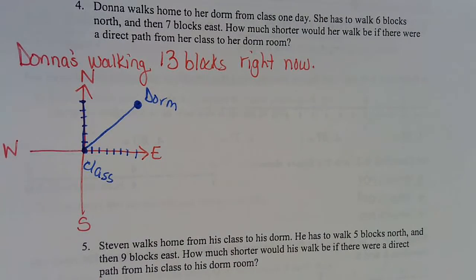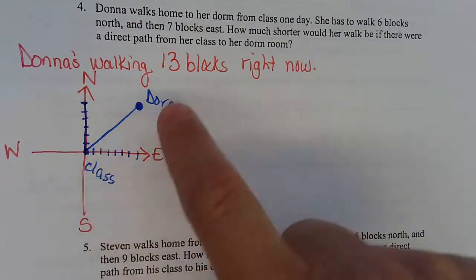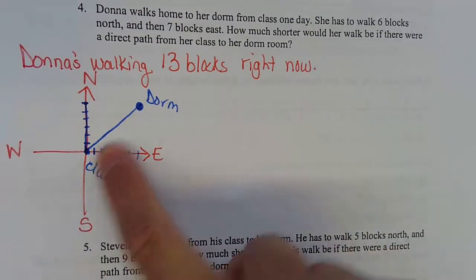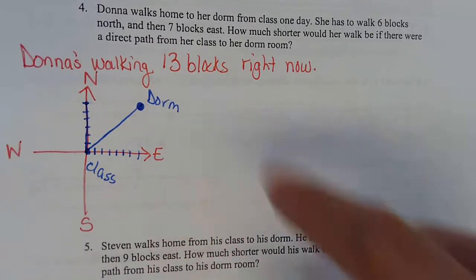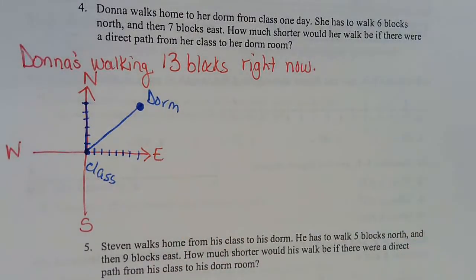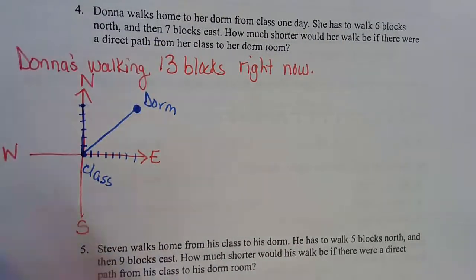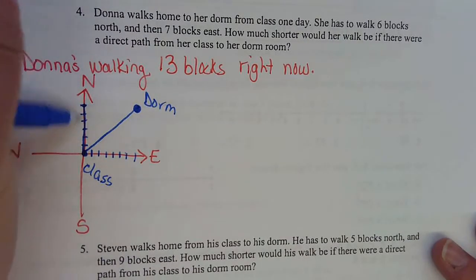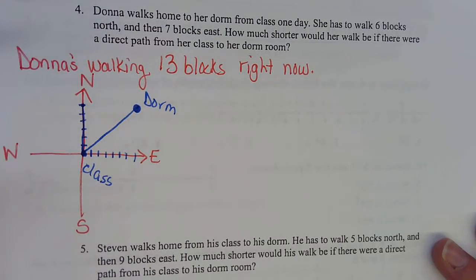Without them telling you what to do, they want to know what the distance would be from the class to the dorm directly. Instead of going up and then over, what if we just go straight there? So you're going to need to figure out the distance from the class to the dorm, and then we're going to compare how much shorter it actually would be. Because we know the way she's going right now is 13 blocks. We'll see if this is any shorter.